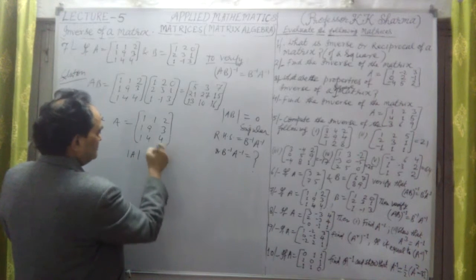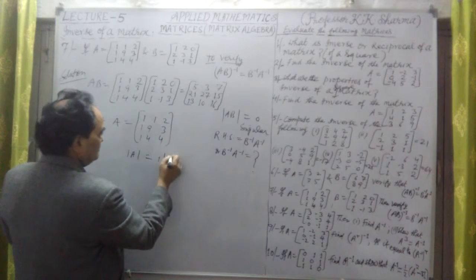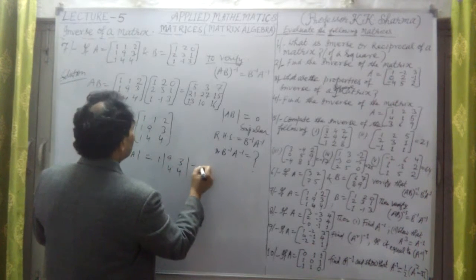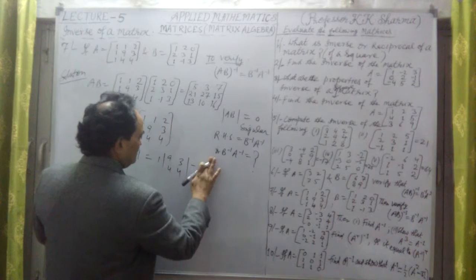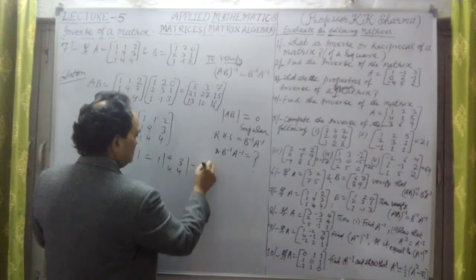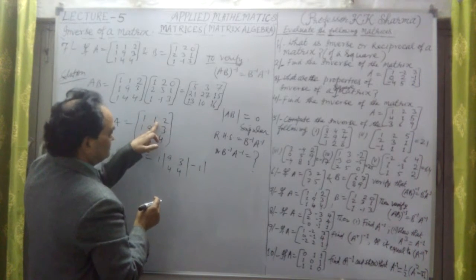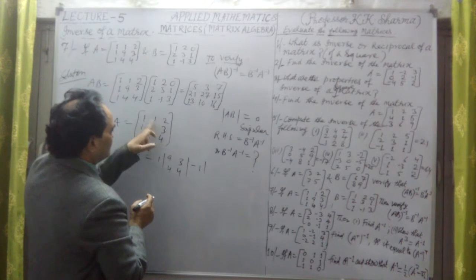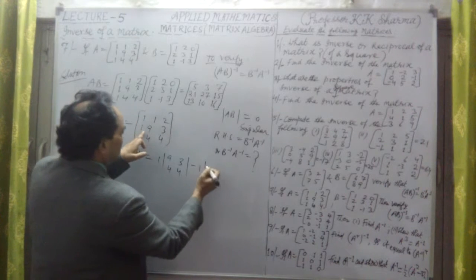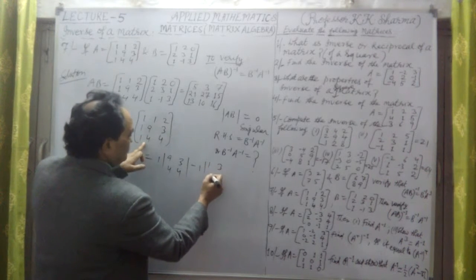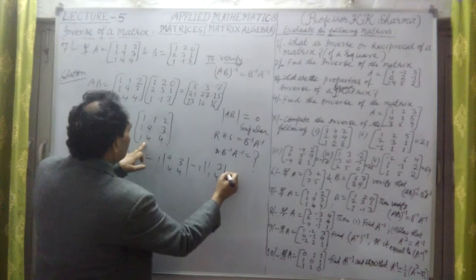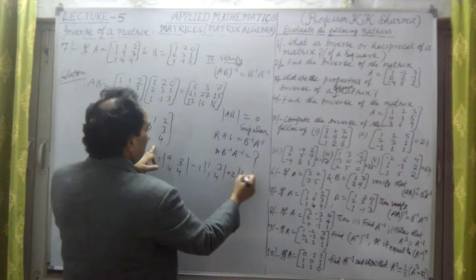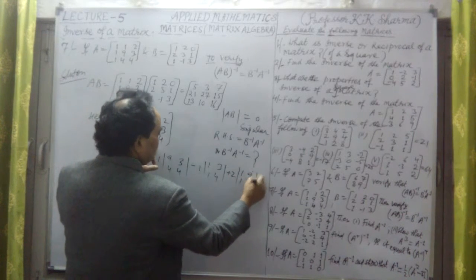Let me find out the determinant. This is the minor here, 9, 3, 4, 4. Right. Minus sign, this is 1 into this 1. Okay, just like cofactors we have calculated this. So for 1, this is 1, 3, 1, 4, and then plus 2 is plus 2, and this is 1, 9, 1, 4.